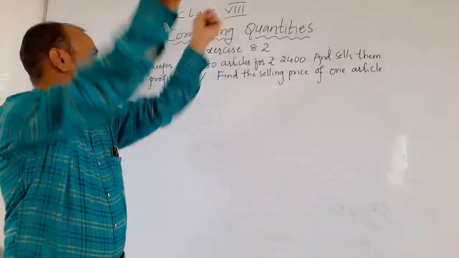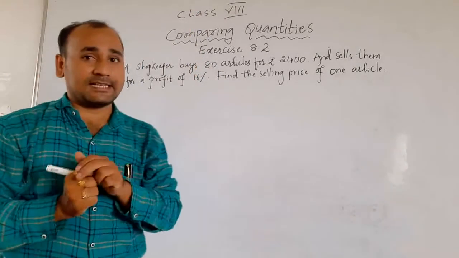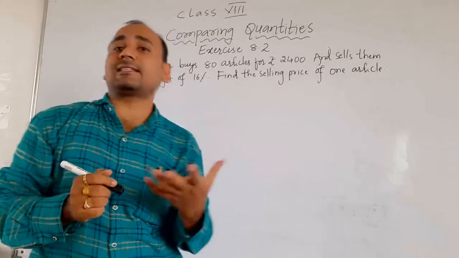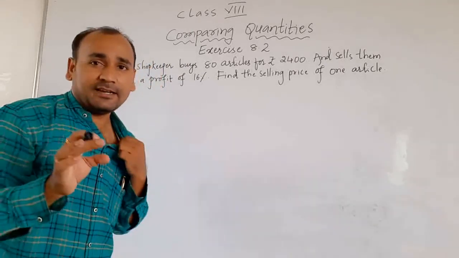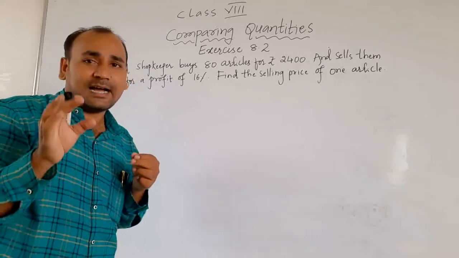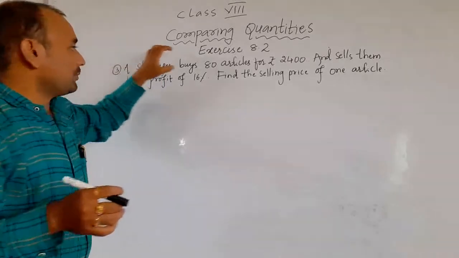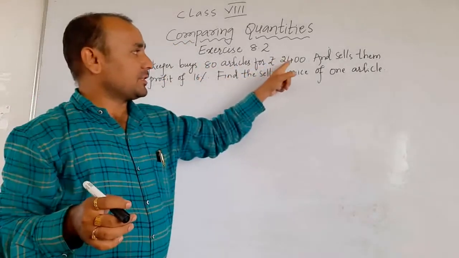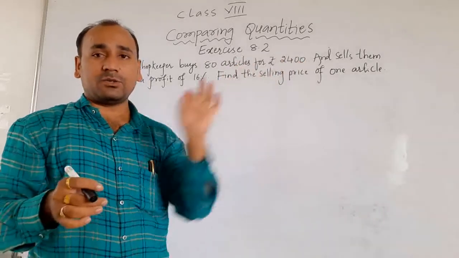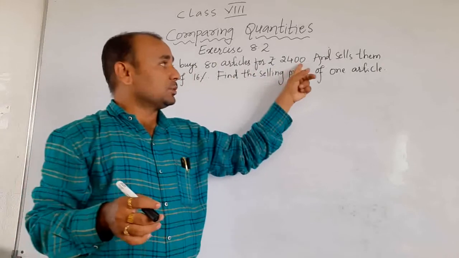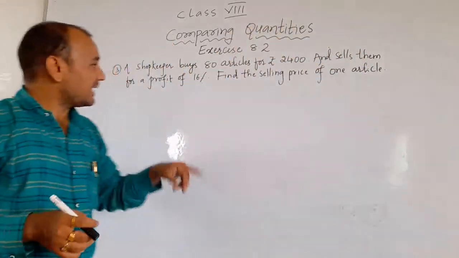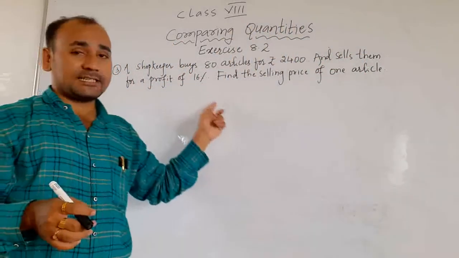Let us see in this question what is given and what is being asked. What is given is different and what is asked is different, so read the question clearly, then only you are going to understand the answer. A shopkeeper buys 80 articles for rupees 2,400. So he has purchased, meaning the cost price of 80 articles is 2,400, and sells them for a profit of 16%.